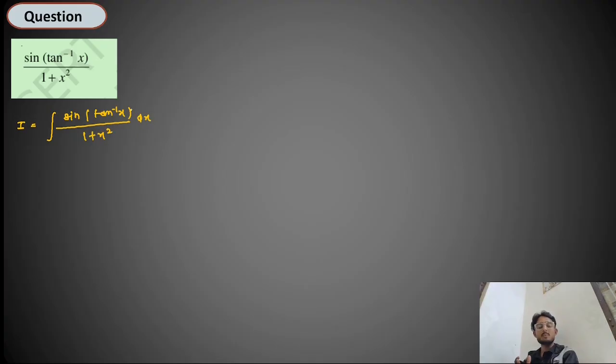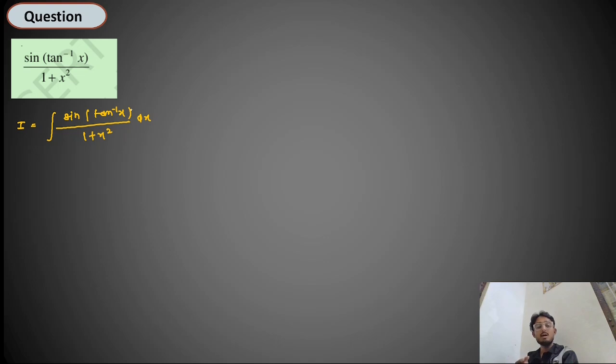Now you have to substitute the term and find the answer. So you have to use your critical mind to say which term you have to take as t, so that the derivative of that term can be found in this integration.